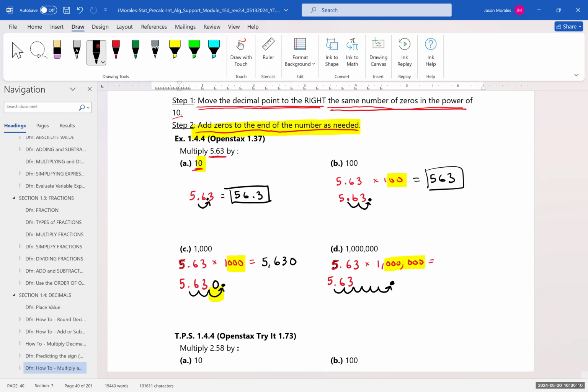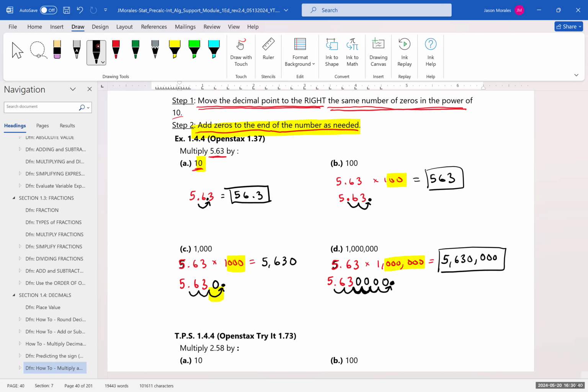And for each of these decimal places that we advanced and we don't have a number, we're going to put zeros to fill those spaces. So 5.63 times 1 million is going to be 5,630,000. Okay, that's it.